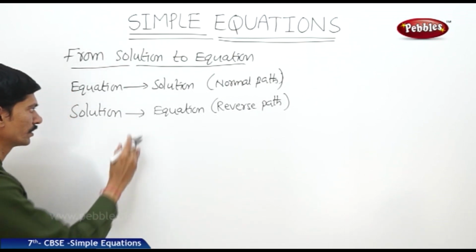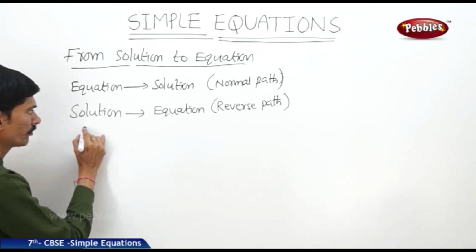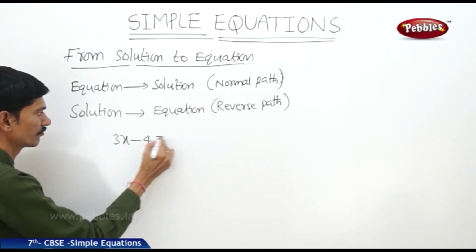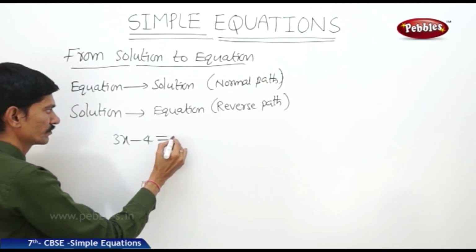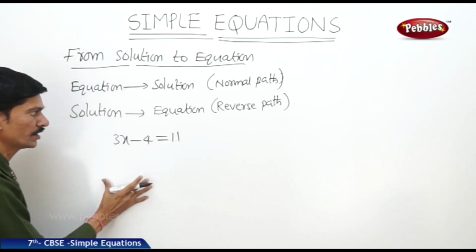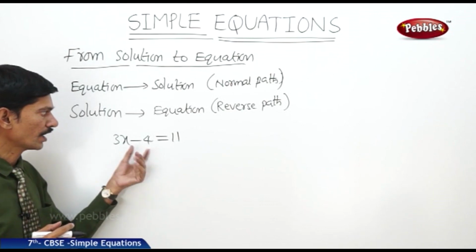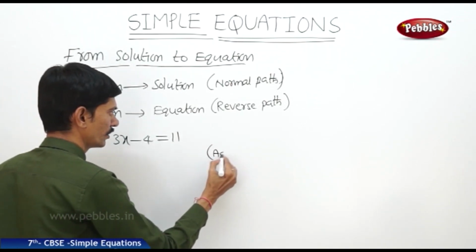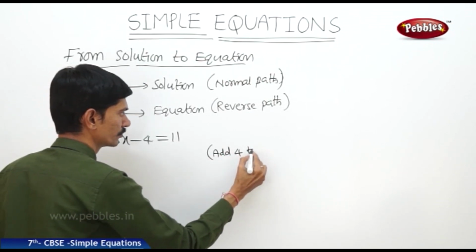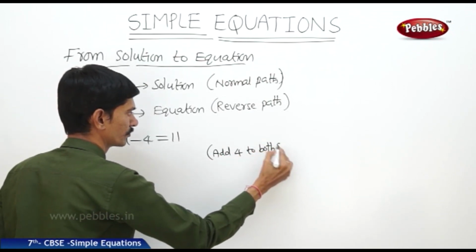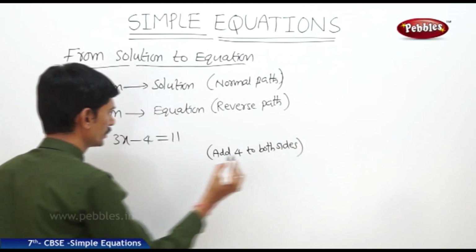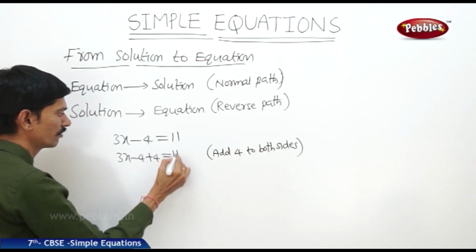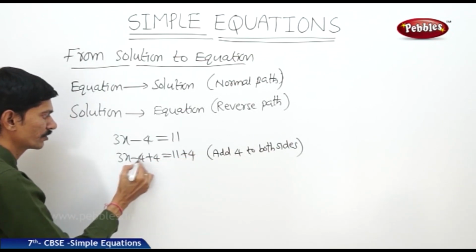For example, an equation is given to you, that is 3x minus 4 equals 11. Then how to solve the equation? First you will add 4 to both sides. So then we get 3x minus 4 plus 4 equals 11 plus 4. Here minus 4 plus 4 get cancelled.